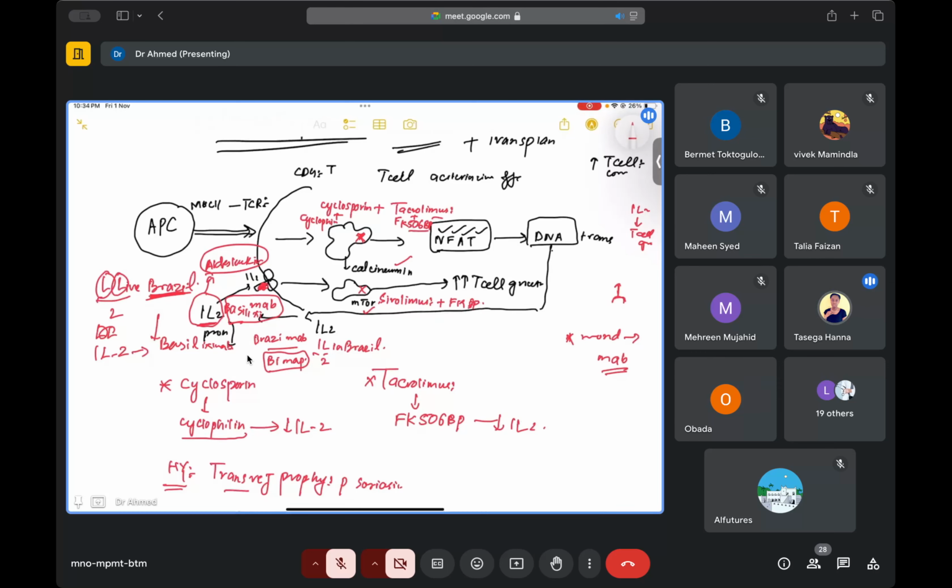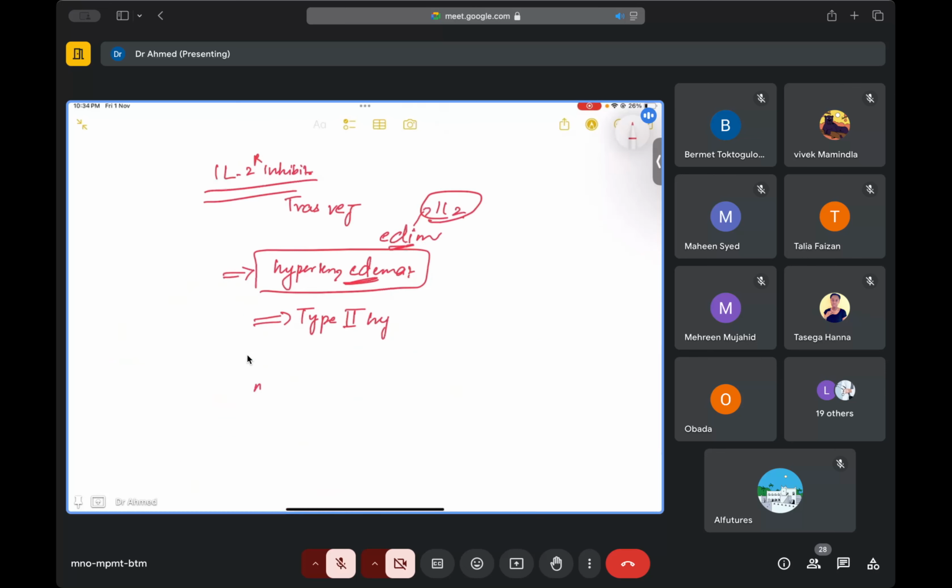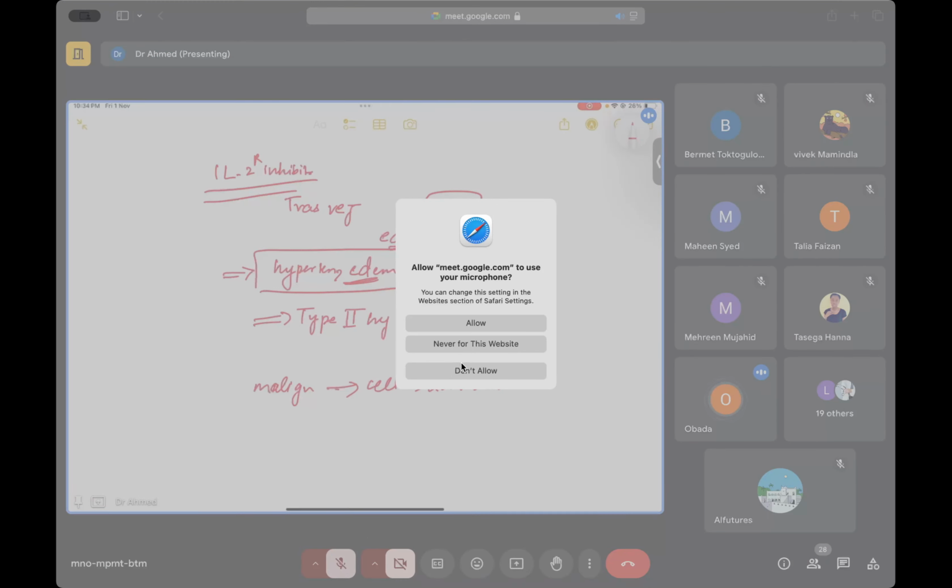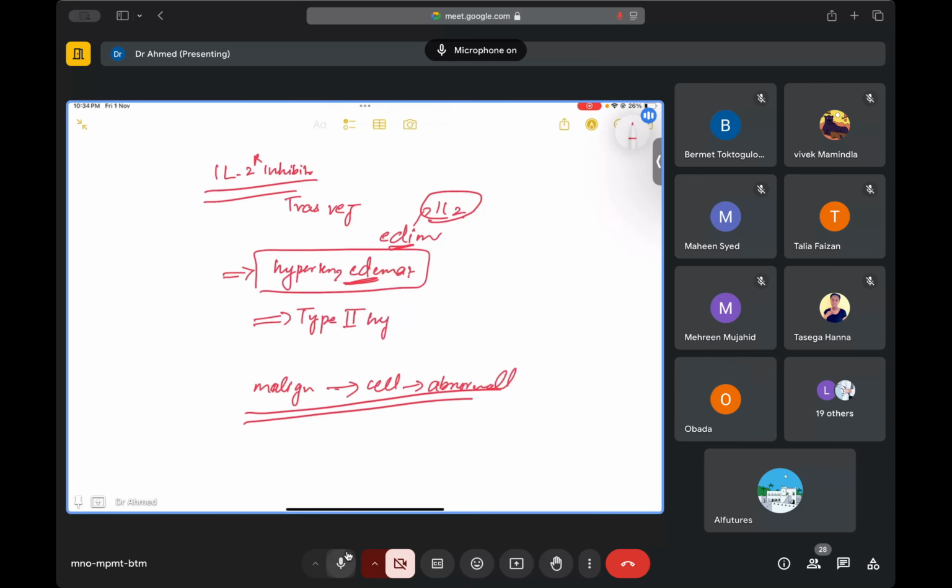Like any malignancy, you know what happens in malignancy? You have cells being formed abnormally, right? So what can I do? I can increase my immunity against these cells in order to cause their destruction.